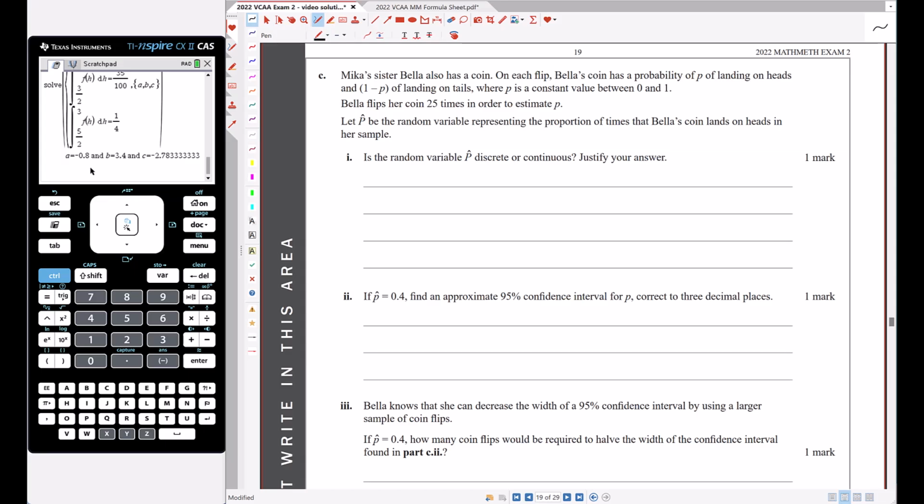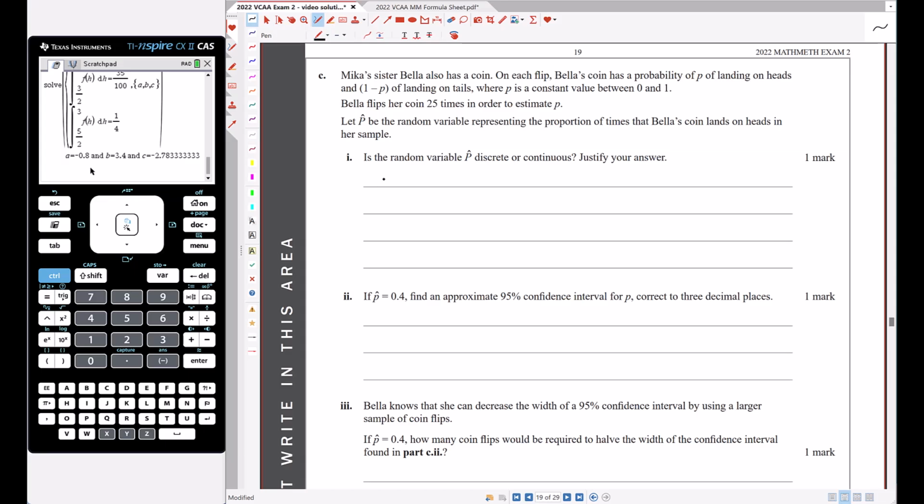P hat is the proportion, but p hat can also only take one of 26 different discrete values. It can only be 0 or 1 in 25 or 2 in 25 or 3 in 25 or 4 in 25, etc. So even though those values are decimal or fractional values, there are still a countable, discrete, finite number of them, and so therefore p hat is still a discrete variable.